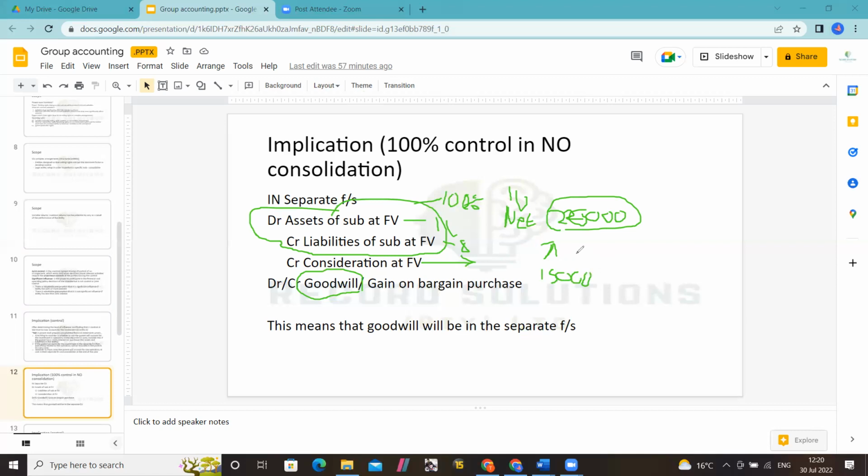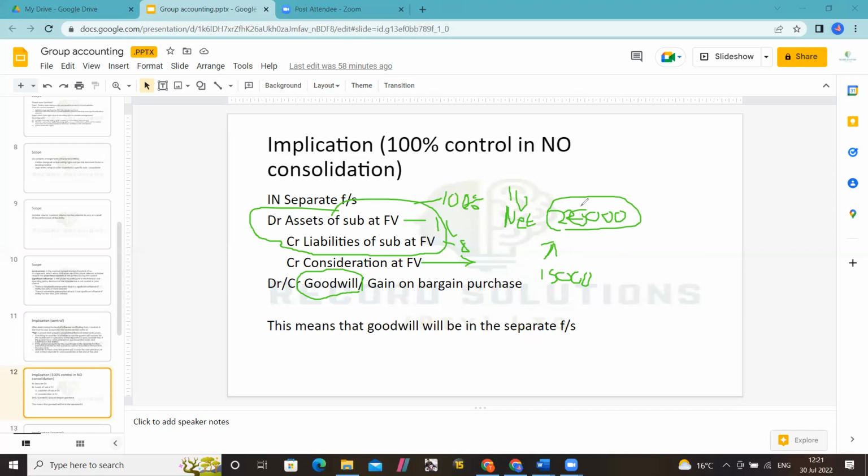If you bought it for less than its value, then at the date of acquisition you actually made a profit, because you bought it for less than those assets are actually worth. And that profit, what do you do with it? You credit gain on bargain purchase.